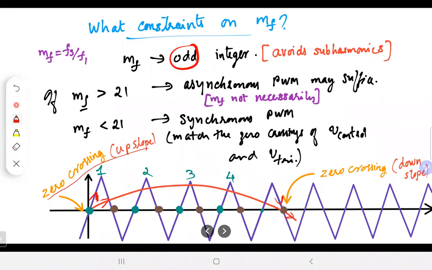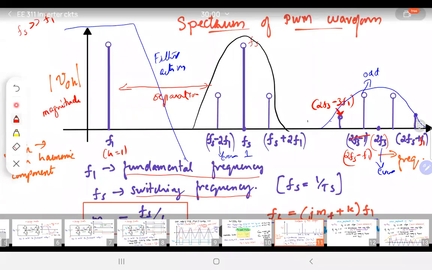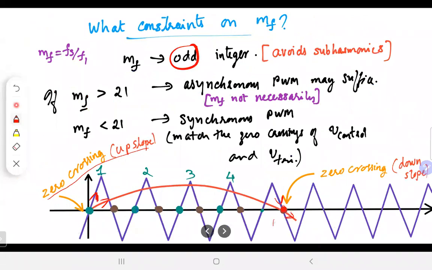But if you choose it to be even integer, what would happen? Then at the zero crossing here at the midpoint, that's 180 degree point. If you have the zero crossing, the 180 degree zero crossing would be this pi zero crossing, the sense of that would be, it will be upslope instead of downslope of this one.